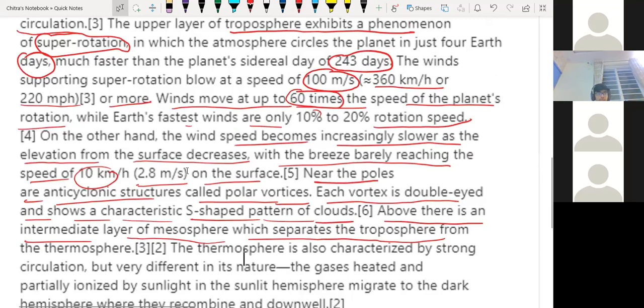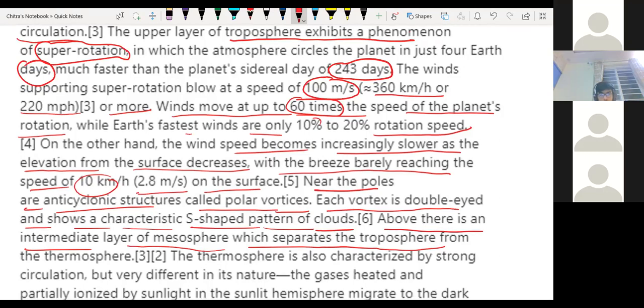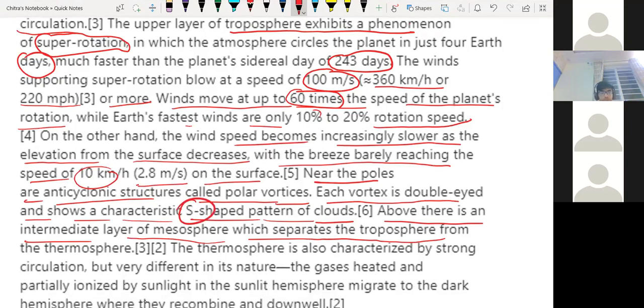Due to the high wind above the surface and very low wind on the surface, the clouds and whatever material is present in the atmosphere form the S-shaped pattern of clouds. Okay, sir. And the atmosphere and troposphere, you can identify them separately on Venus.